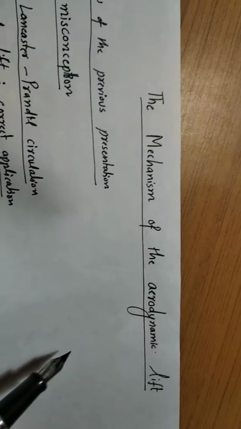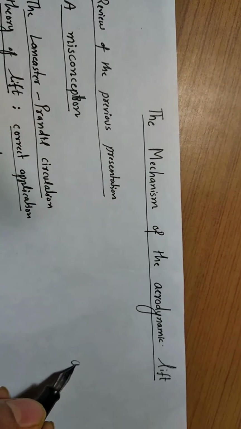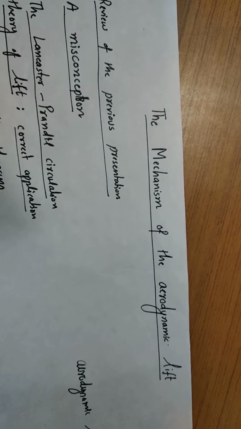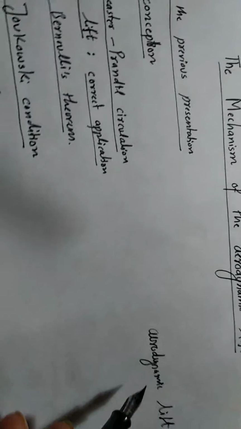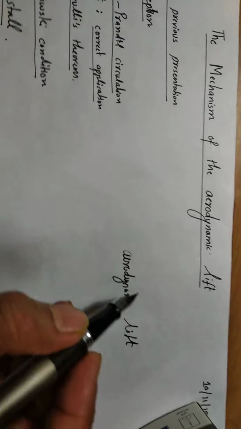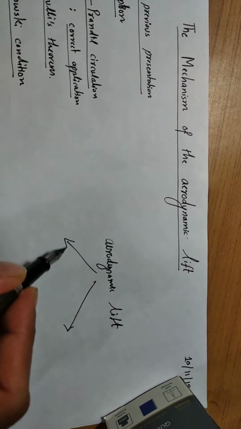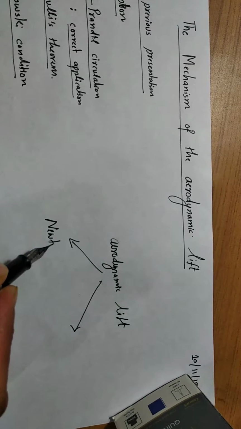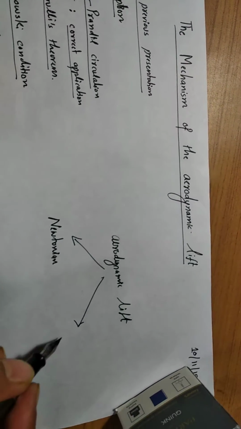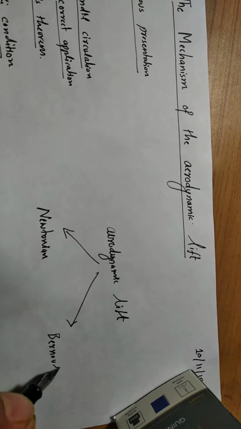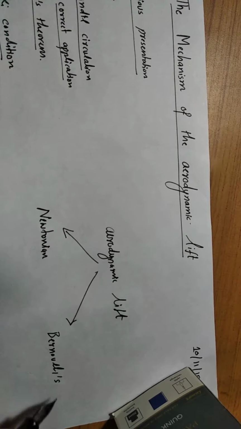So we said that the aerodynamic lift can be understood in two ways. One is the Newtonian way, and another one is Bernoulli's way.